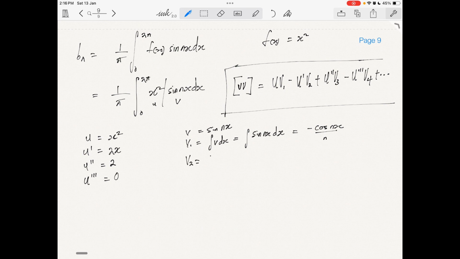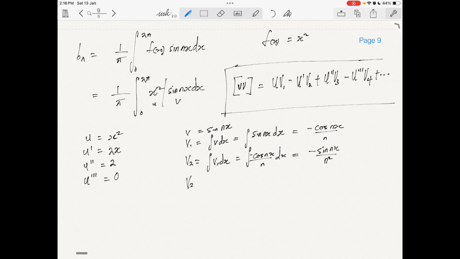Also v2, which is integral of v1 dx, is equal to integral of minus cos nx over n with dx, and integrating minus cos nx over n dx, we would have minus sine nx over n squared.